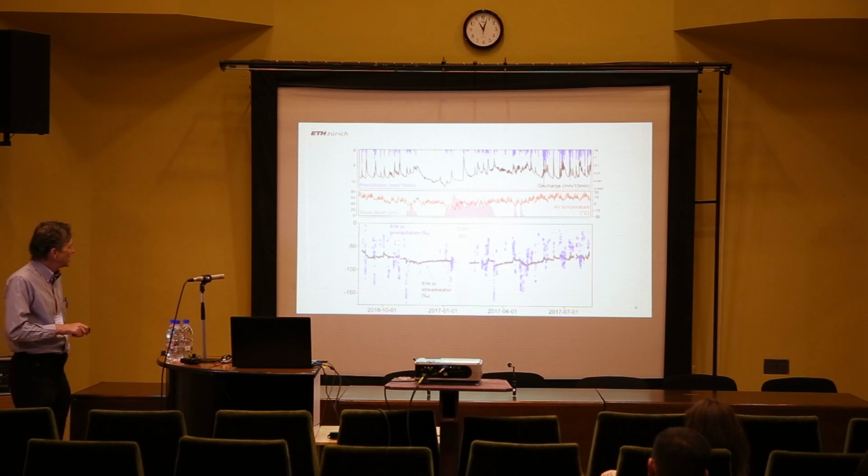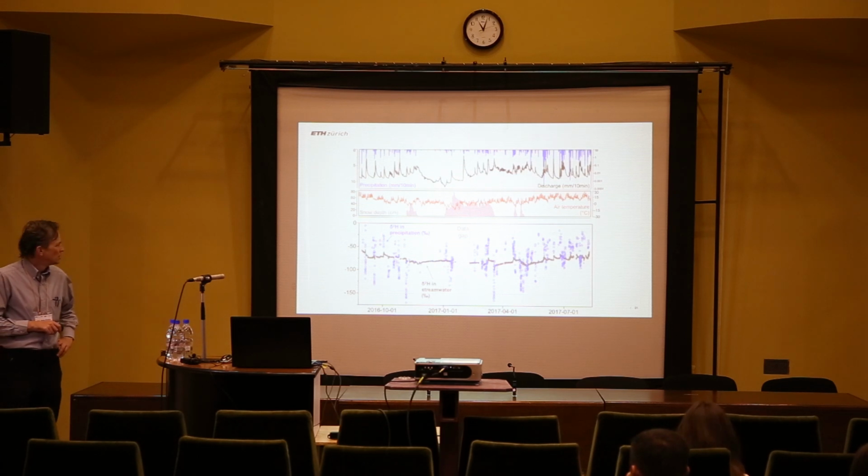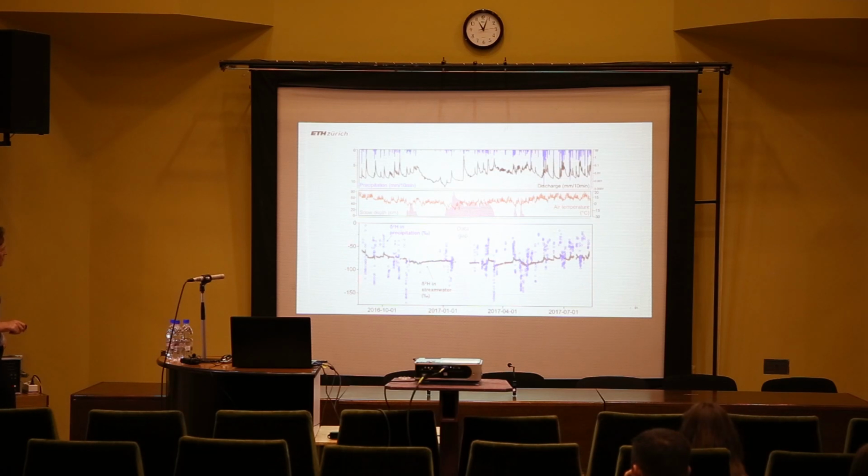So what we are seeing is that during an individual rainstorm, our deuterium concentrations can change by more than 100 per mil. The total annual variation in deuterium is less than 200 per mil. So during an individual day and an individual storm, you can have deuterium changing almost as much as you have during an entire year.